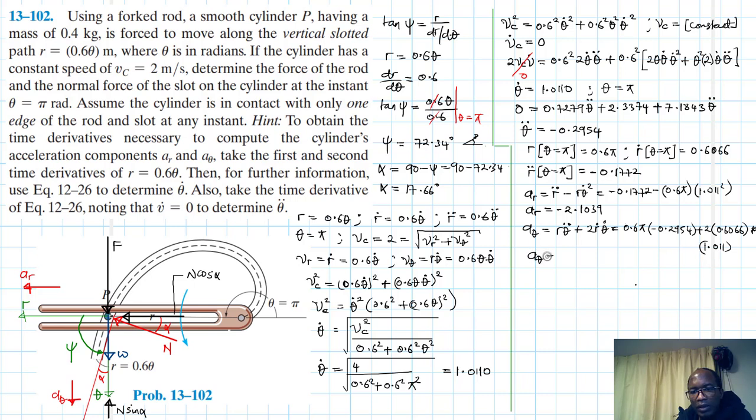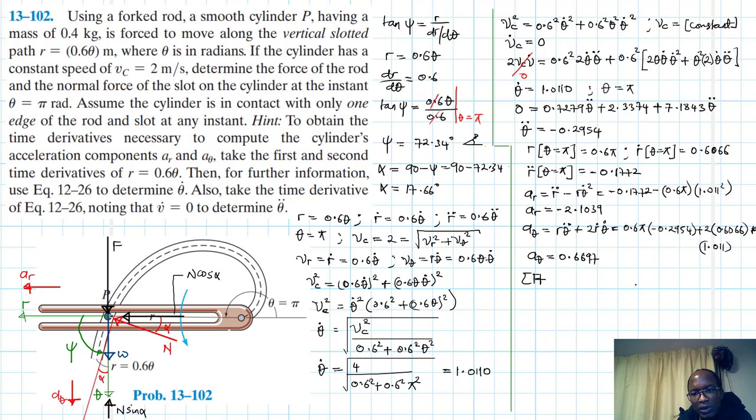Therefore, A theta is 0.6 times pi times minus 0.2954 plus 2 times 0.6066, which is our R dot, times 1.011. So this is 0.6697.